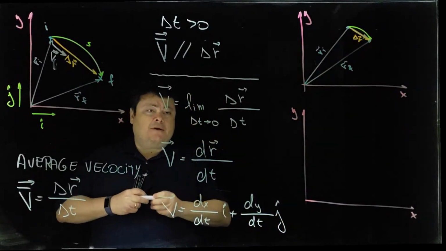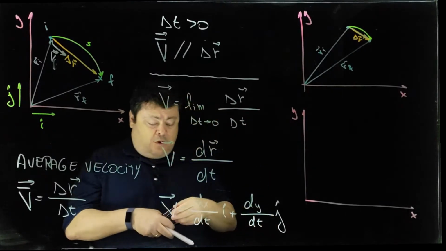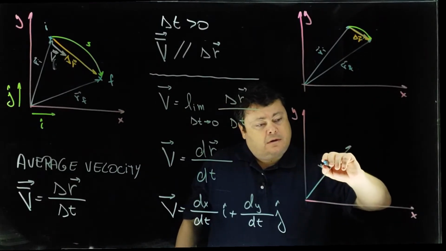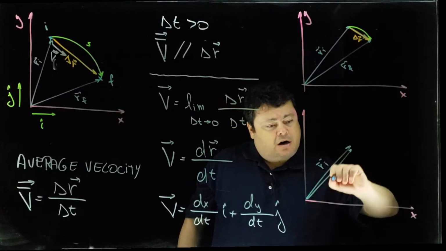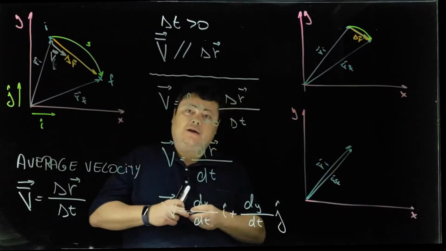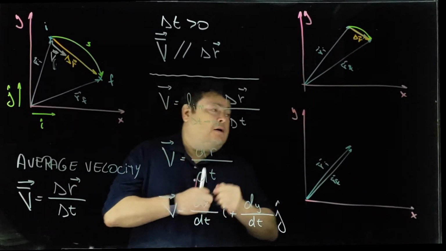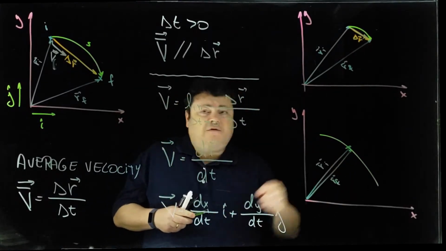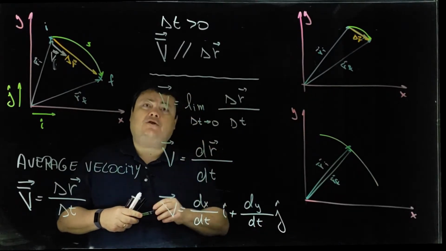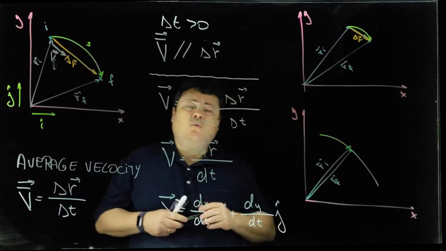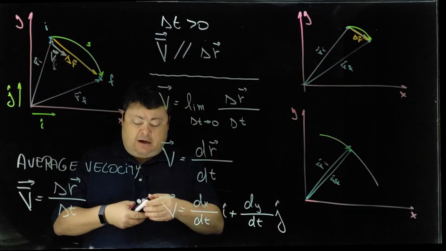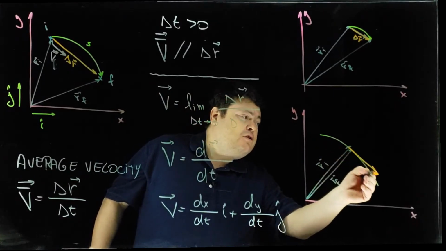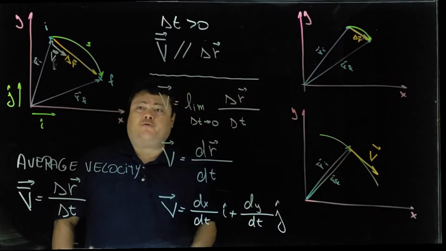Now, when I take the limit as the time approaches 0, our initial and our final points would be really close together, and if this is the total path the object is moving, the infinitesimal displacement dr on that interval will actually merge with the path, and my instantaneous velocity will be a vector tangent to the path and in the direction of motion.